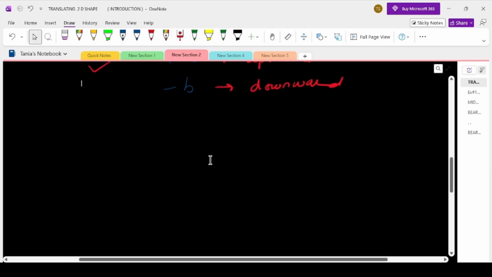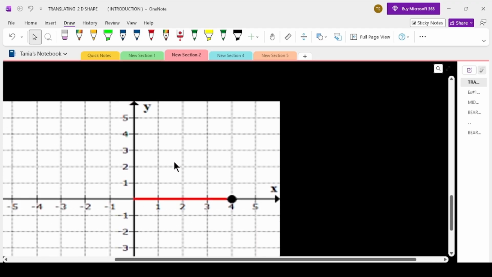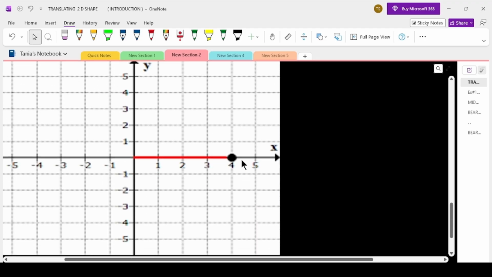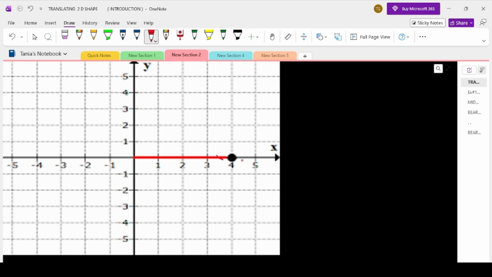For example, we have a graph and one point, (4, 0). For example, we have to change this point (4, 0) by using the column vector (-2, 3).